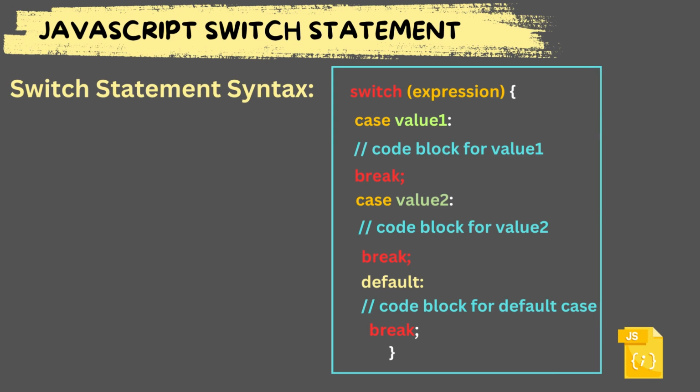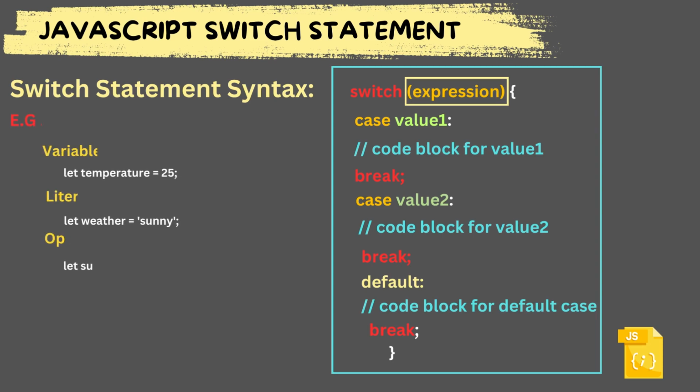Now to create this switch statement, we need to use the switch keyword. After this, we have this expression that can be any valid expression such as a variable, a literal, an operator, or a function call. The expression is evaluated once and its value is compared with each case value.